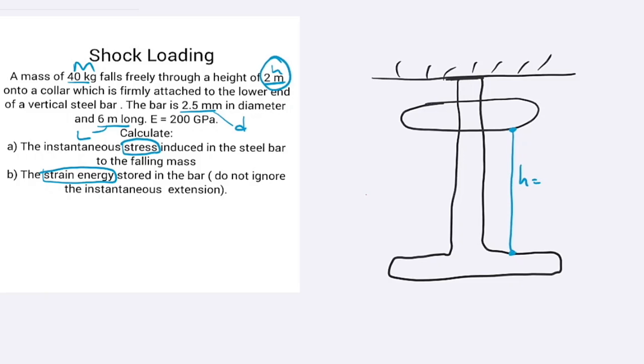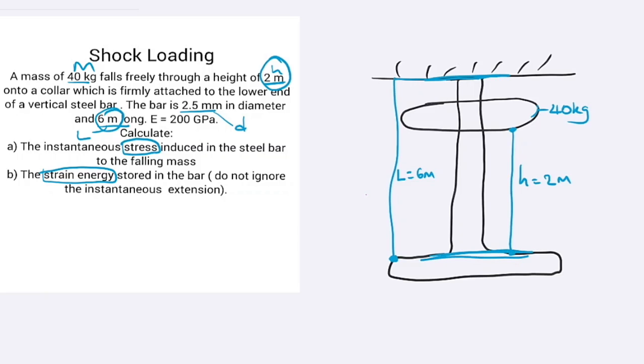That's the height, it is 2. And from where the bar is attached on the ceiling down to the collar, that is the length. The length is 6 meters long. Then they say it is a 40 kg mass that is released freely to fall on the collar.